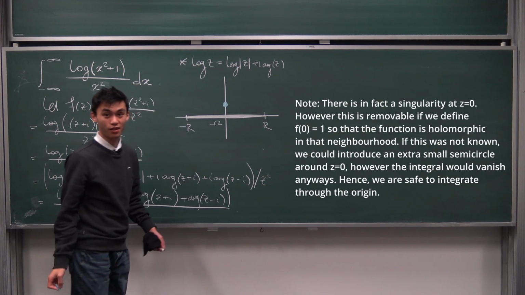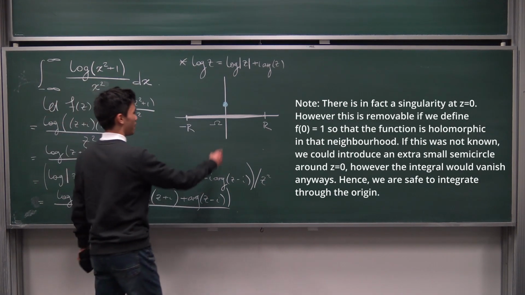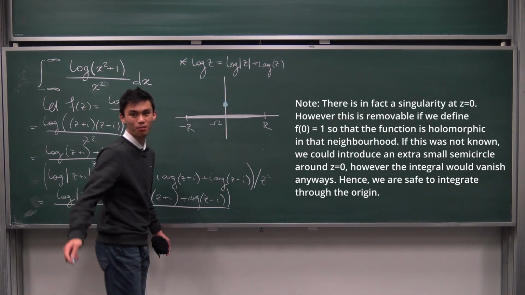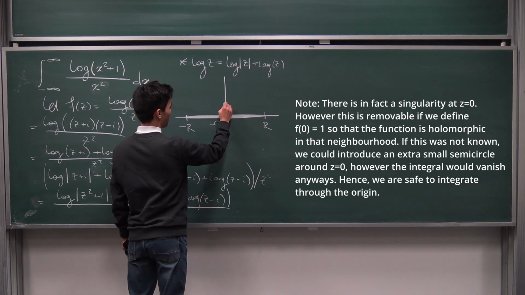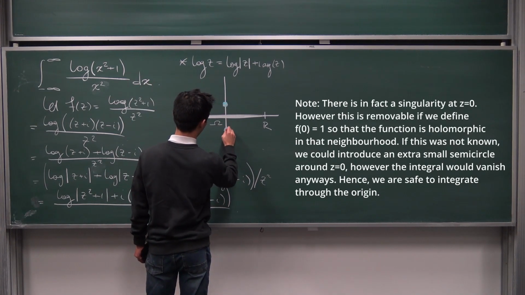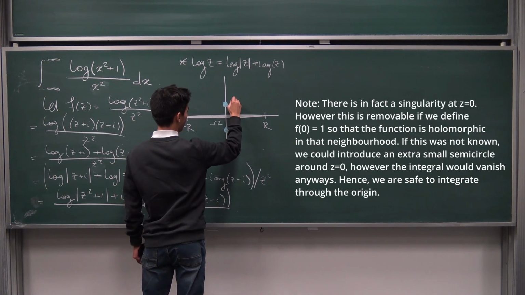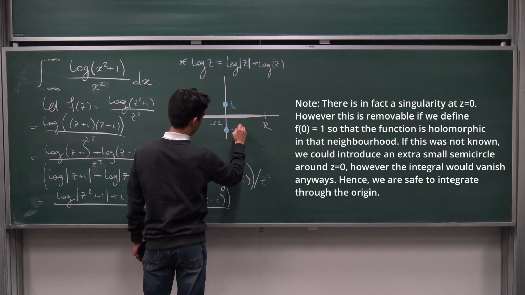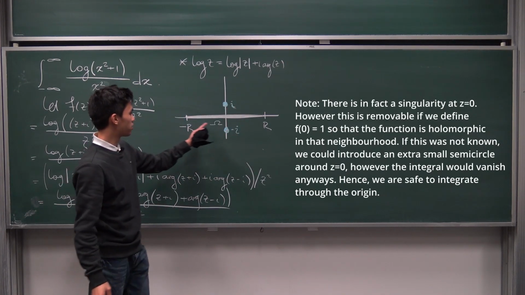I found some colored chalk in this lecture room, so we can use color on the blackboard now. We don't have poles today, usually I'll do those in red, but we have branch points and branch cuts, which I'll do in blue. So this is i over here, and this guy down here is negative i. So we want to integrate along this path.